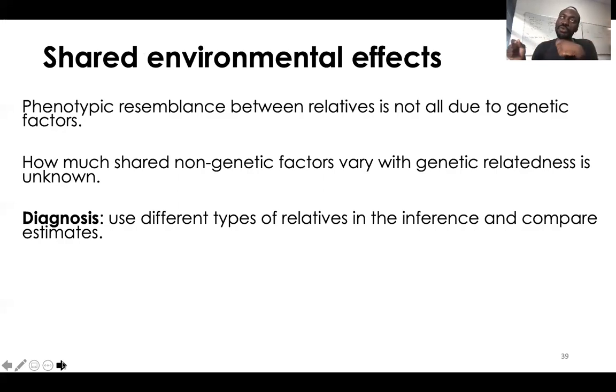We can then shuffle and look at parent-offspring and full sibs, or avuncular and MZ twins, etc. And with all these combinations, if we have no violation, if we have no shared environmental effect, and I'm making another assumption, which I will talk about in the last part of this lecture, in particular, if we have no non-additive effect, just to name that assumption, then we should have a consistent estimate regardless of how many combinations of relatives we use.